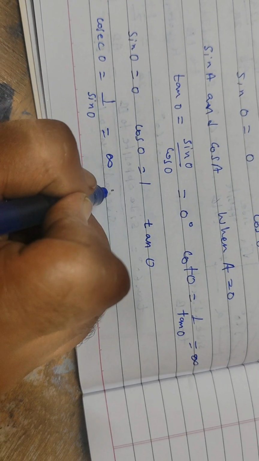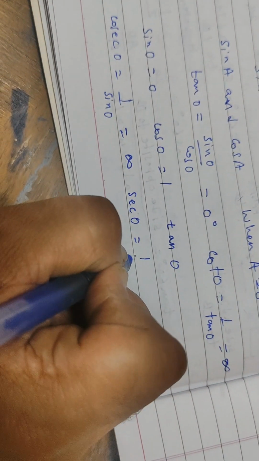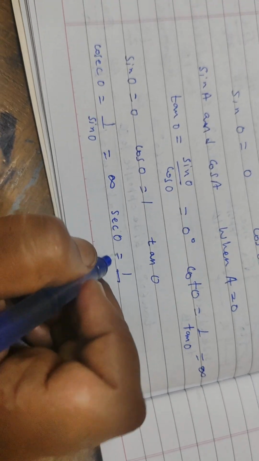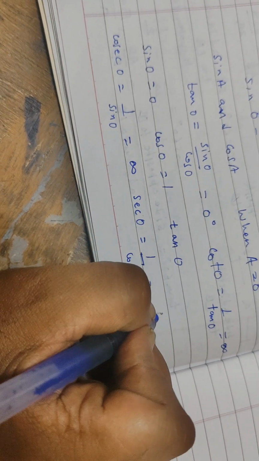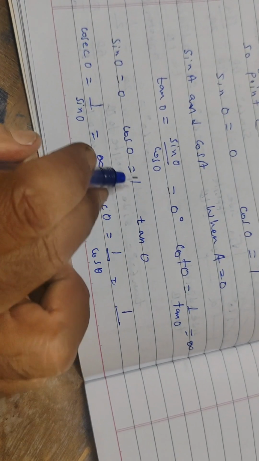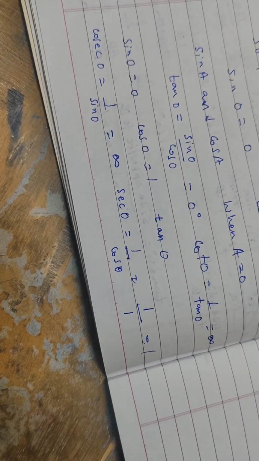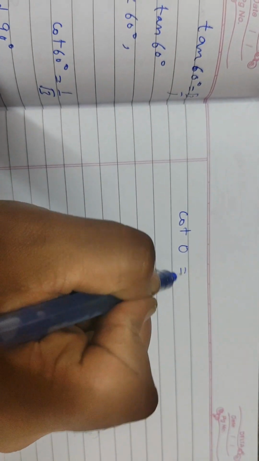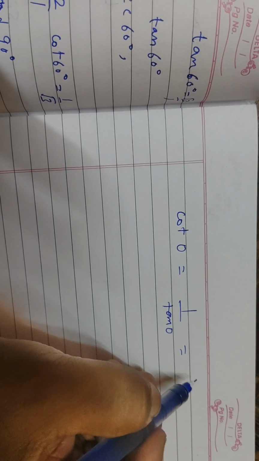And sec 0 is equal to 1 by cos 0, and cos 0 is 1, so this becomes 1, and cot 0 is equal to 1 by tan 0, which is infinity.